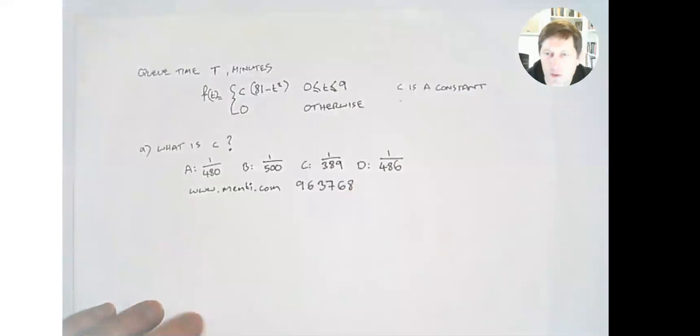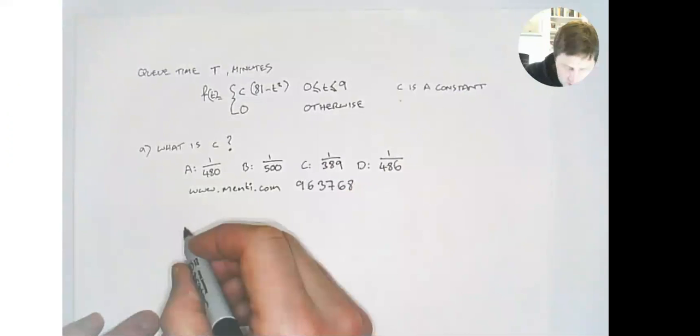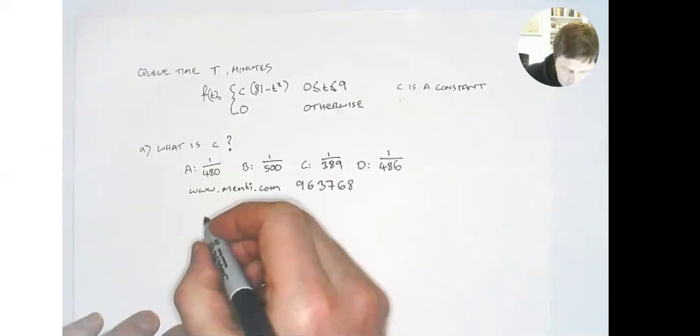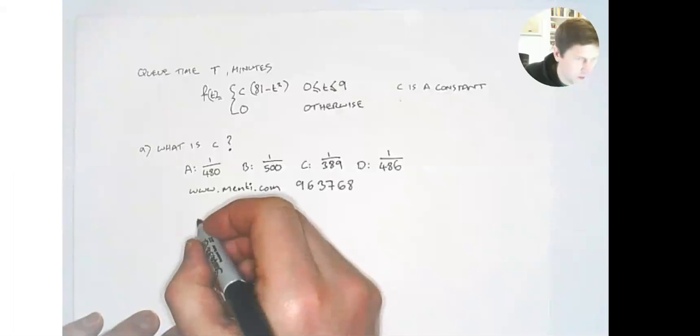We know it's a probability density function, and so we know that over the whole range of possible values of t, if you integrate it, then it must be equal to 1, because that's the whole possible space, and by definition it must be equal to 1 overall.